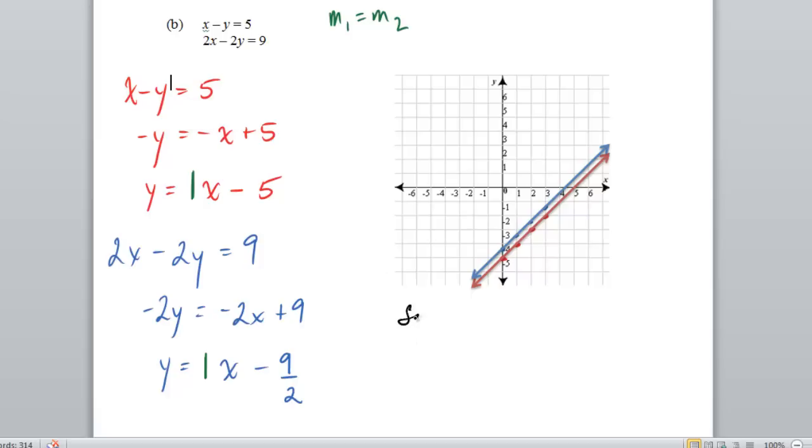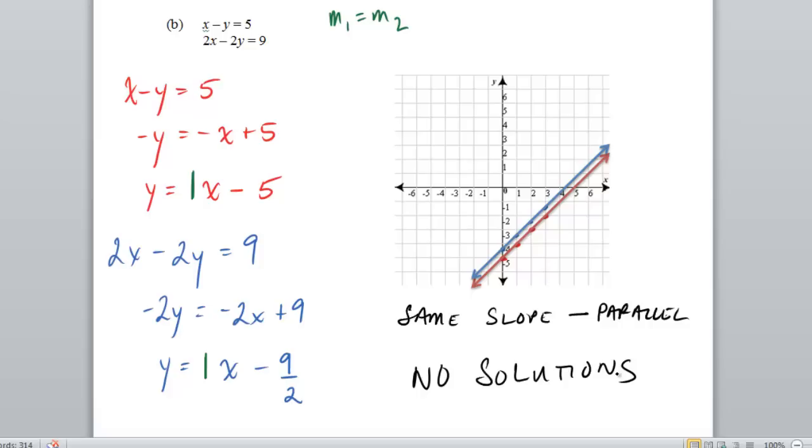And since they have the same slope, they're parallel. And if they're parallel, that means they have no solutions to this particular system of equations. And so those are two additional examples of the type of solutions you could get to a system of linear equations.